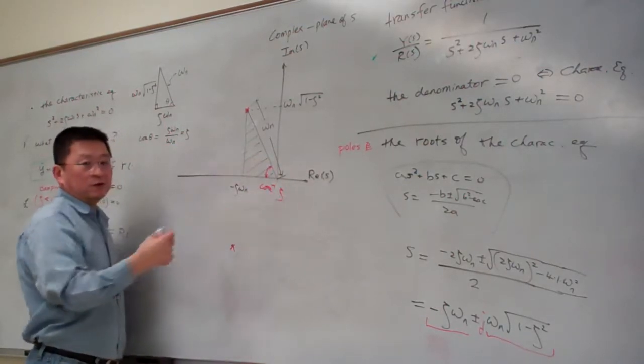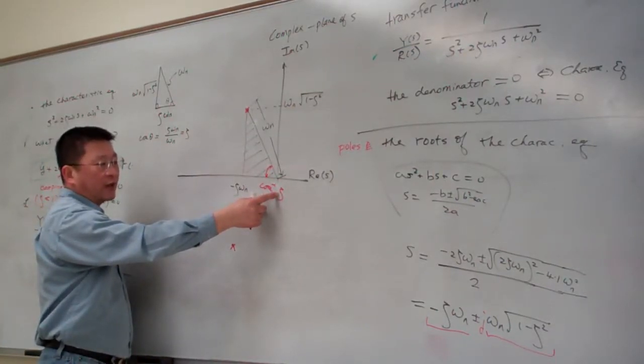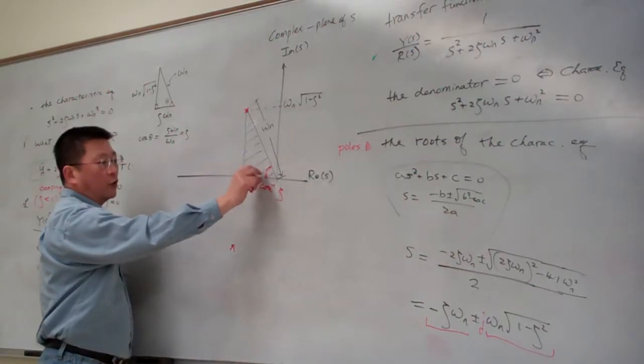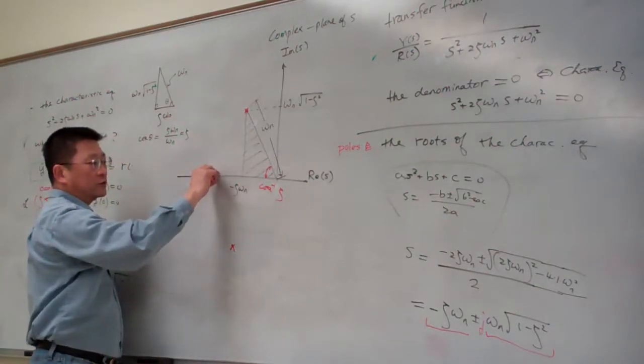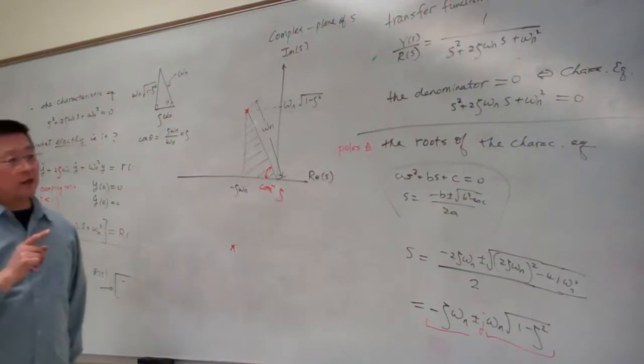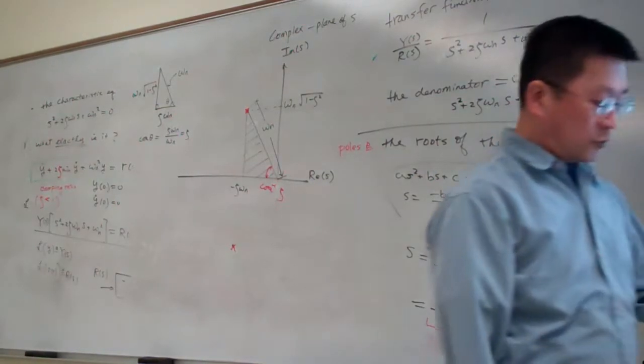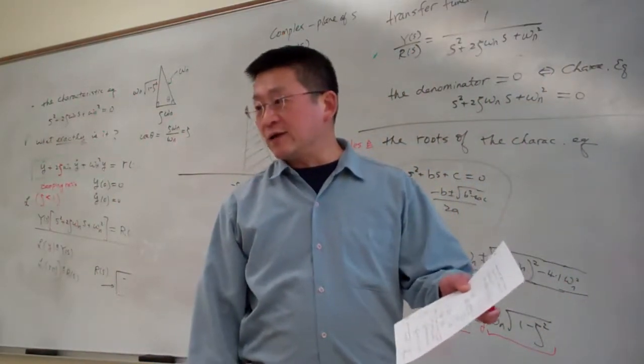When zeta is large, say 0.9, then this angle will be small. That means this pole will be closer to the real axis. Okay, so that is the explanation of these diagrams, and it is also shown in your handouts.